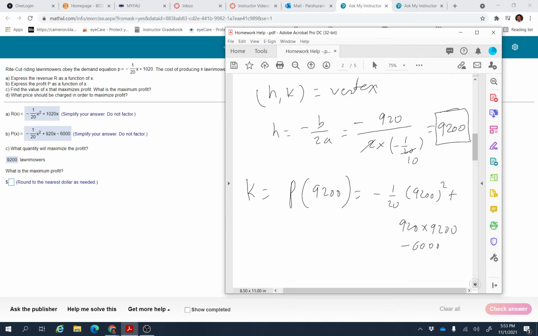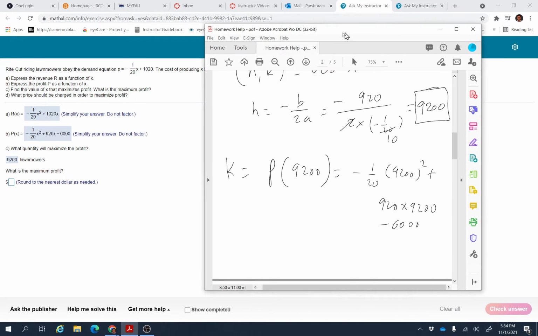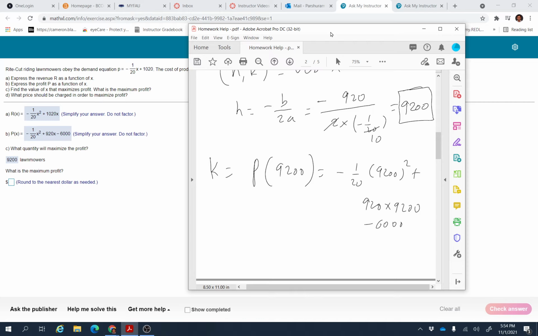So if you use your calculator to calculate this, I'm going to use a calculator here. Use your calculator properly. If you don't know how to use the calculator, that would be a big problem for you. So you have to know how to use a calculator.